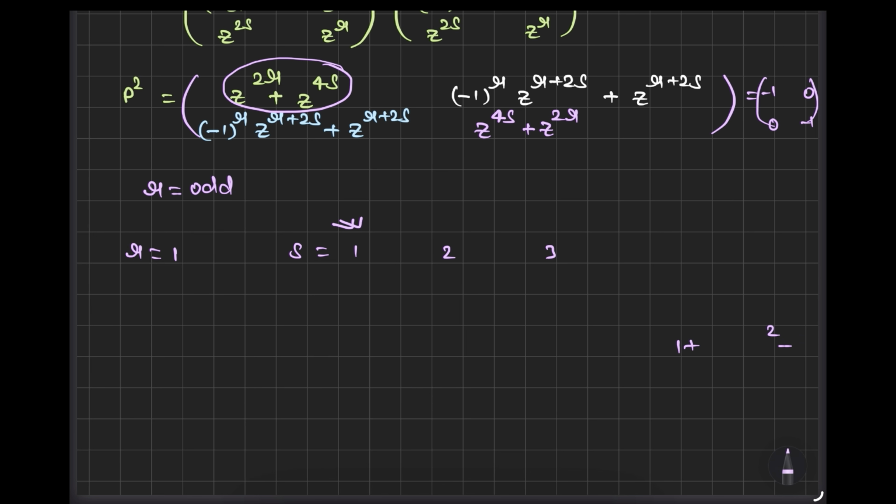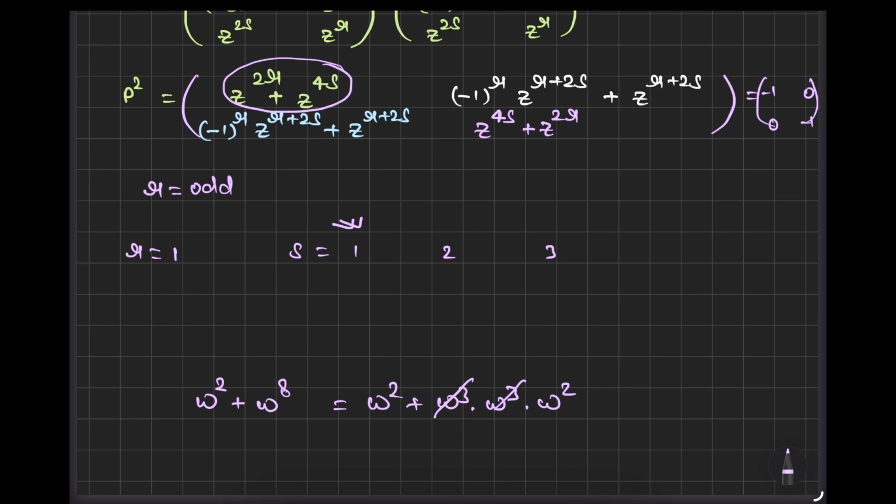Now check the next result. S equals to 2. So if s equals to 2, omega power 2 plus omega power 8. So omega power 8 means what? This will become omega power 2, because omega cube is 1.